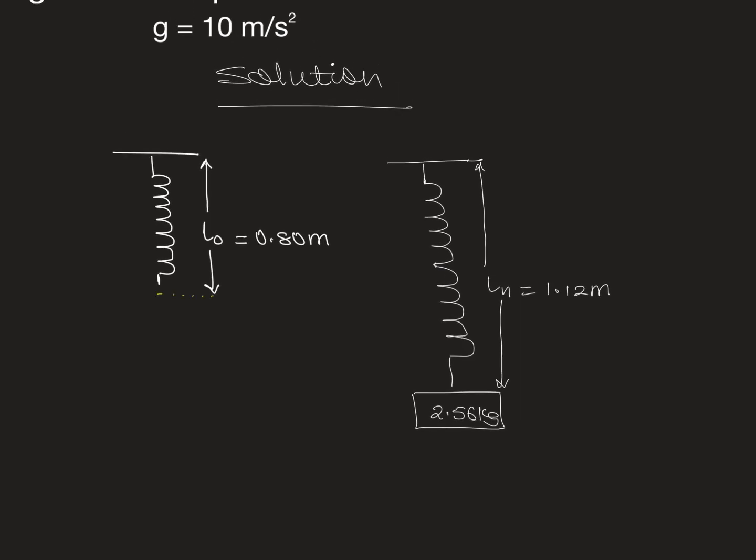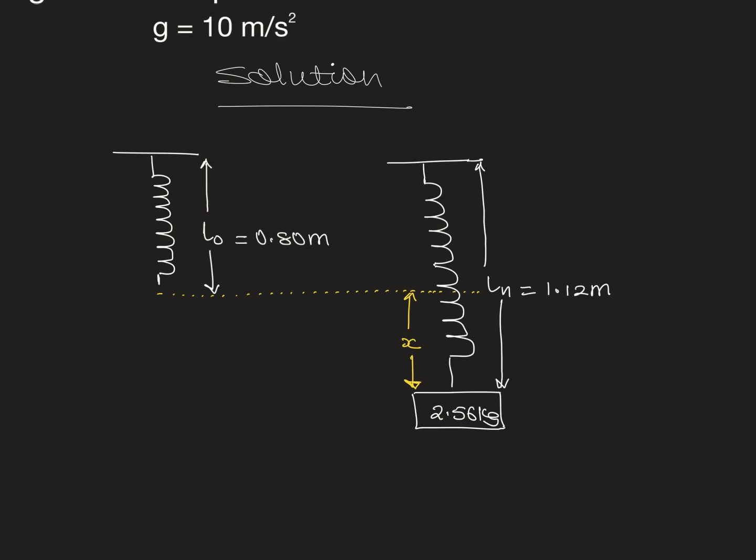This level here, when the mass was not attached, the spring has an unstretched length of 0.80 meters. So that is the original length. But after the spring has a mass of 2.56 attached to it, the spring assumes a new length of 1.12 meters. So this tells you that there was a change in length, and that change in length is what we call extension.